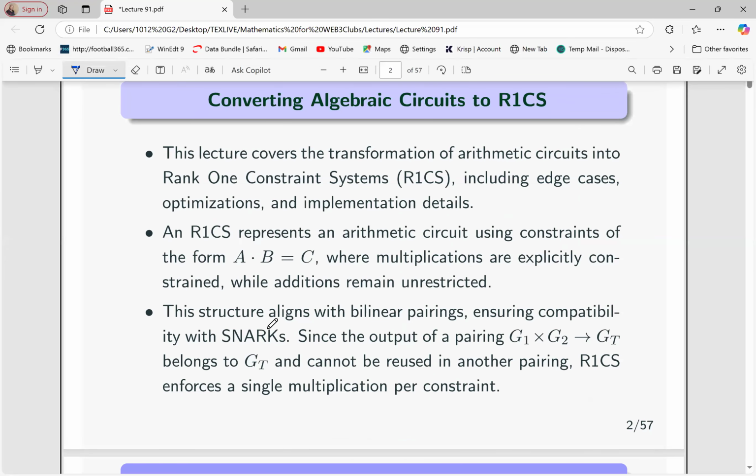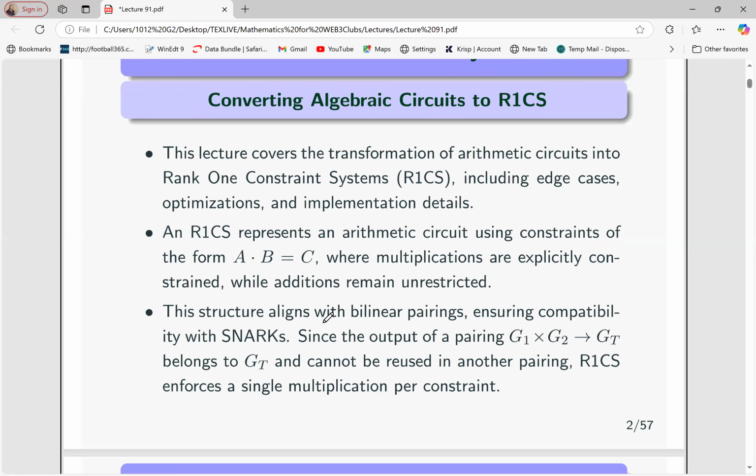Now, this knowledge I've said will be important in writing zero knowledge proofs. And I've also noted here that it aligns with the bilinear pairings, which we did earlier. Because of that, it will also be aligning with what we require in the ZK SNARKs.